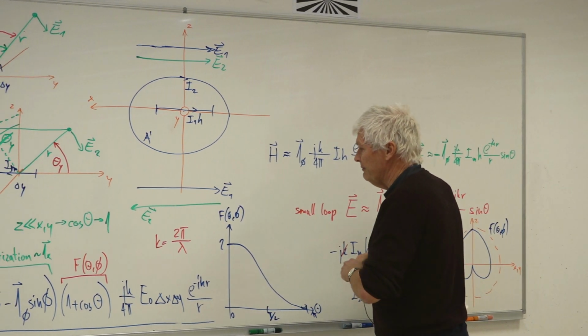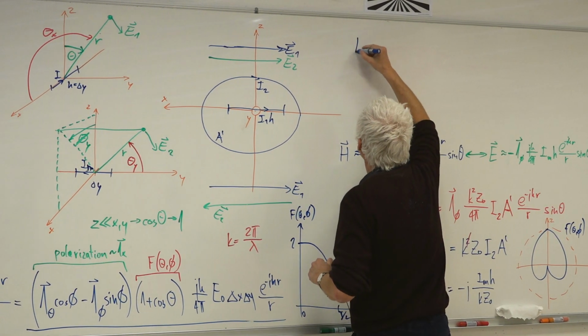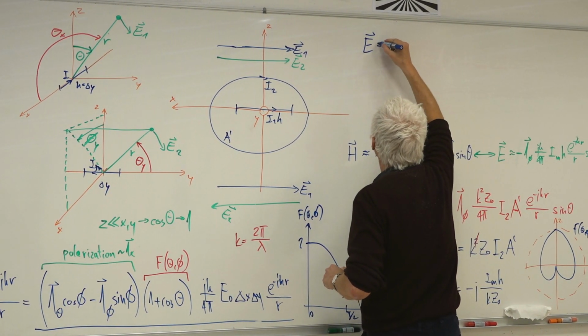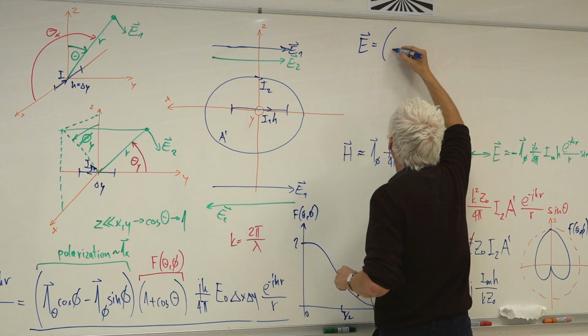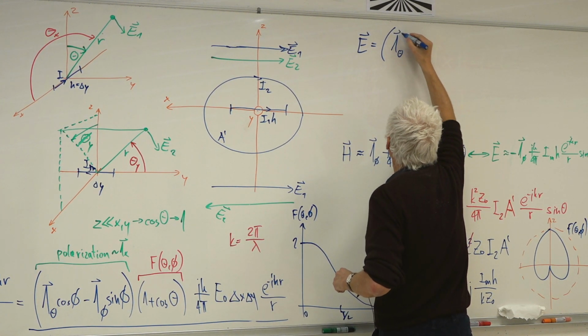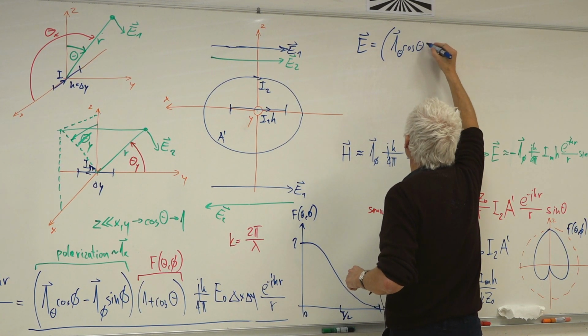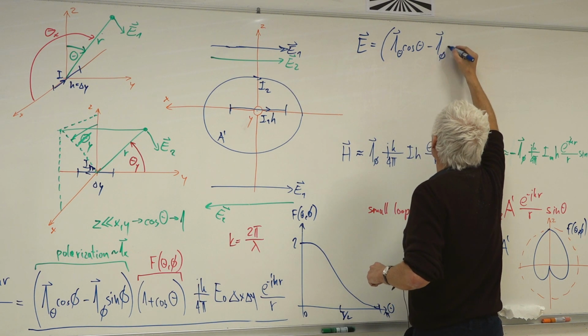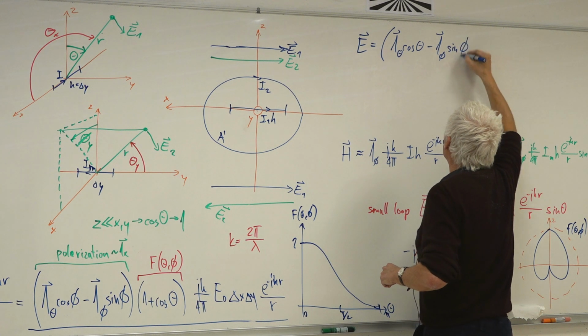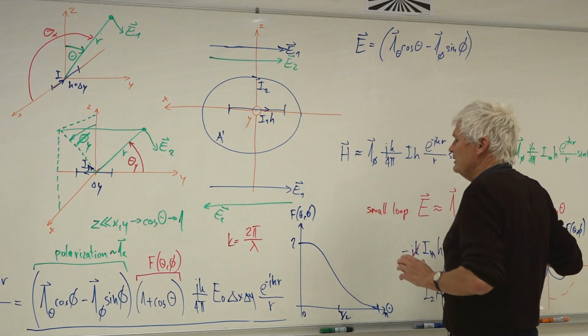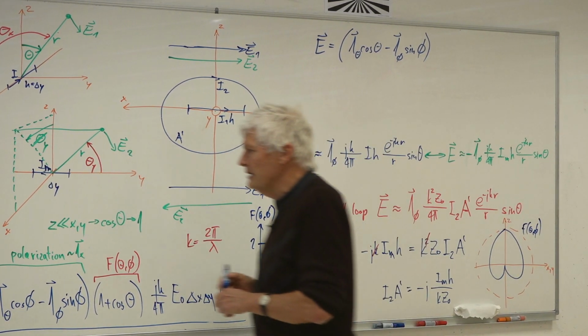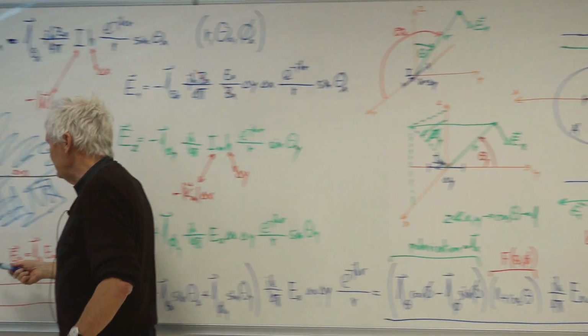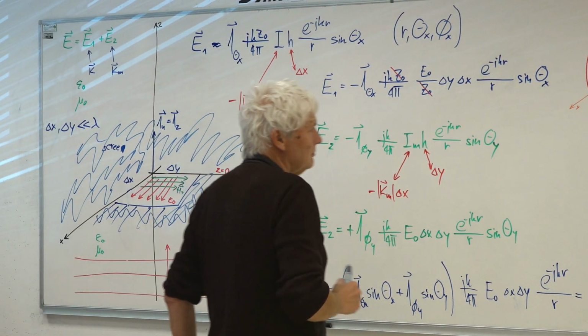So to rewrite everything, now the radiated electric field has the polarization 1 theta cosine theta minus 1 phi sine phi. And this is almost the same polarization as the original wave that illuminated our aperture.